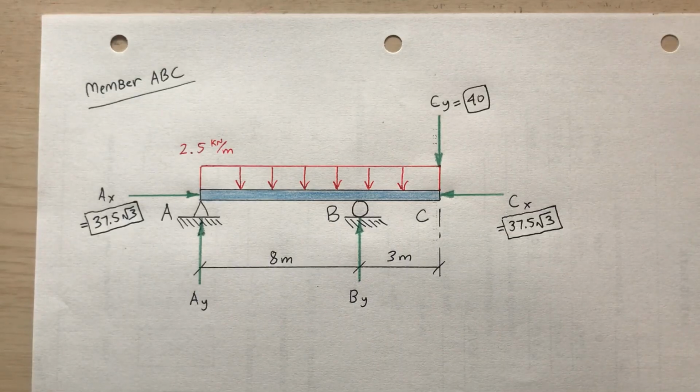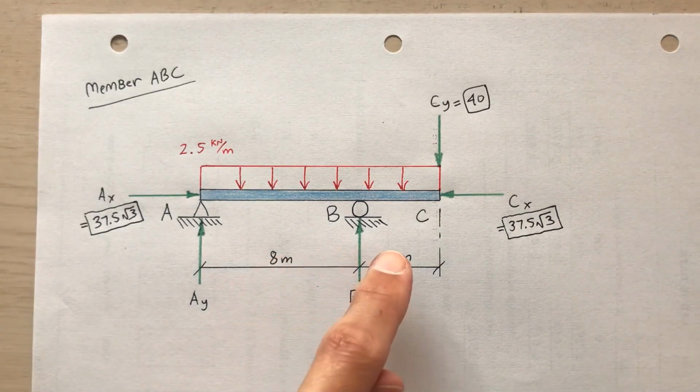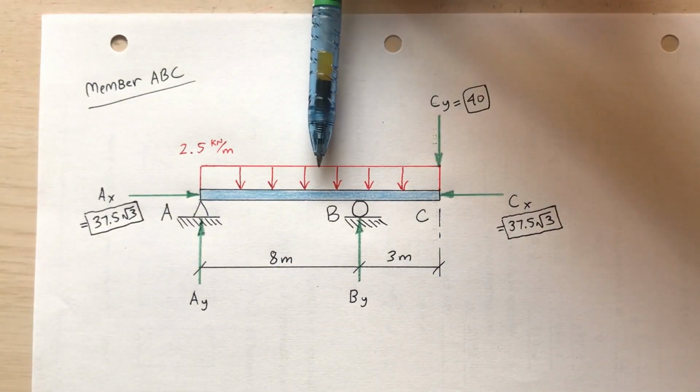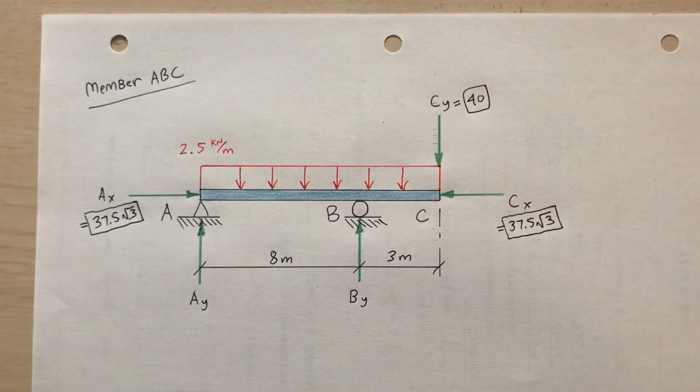That 2.5 kilonewton per meter, I'm going to turn that into its resultant force. So multiply 2.5 by 11. 8 plus 3 is 11. And then apply the resultant at the middle, which will be 5.5 meters from A. So I'm going to do that now.